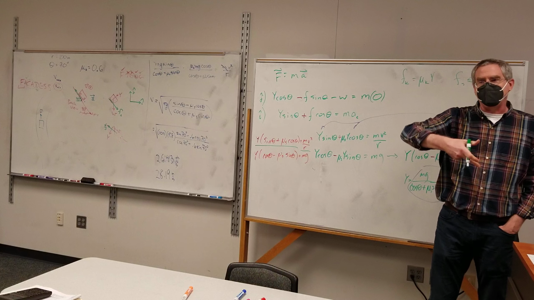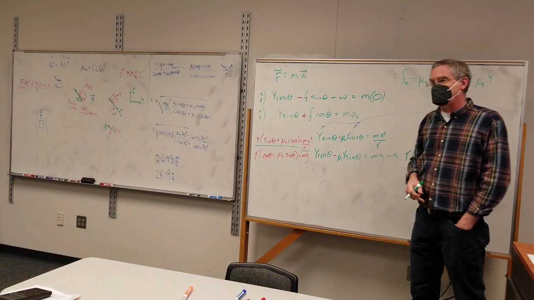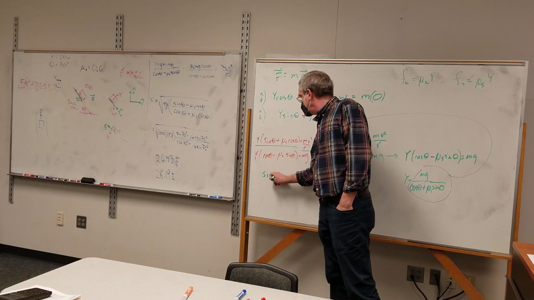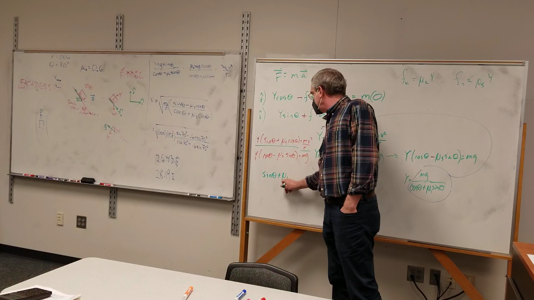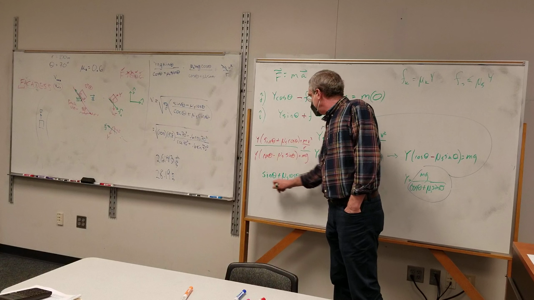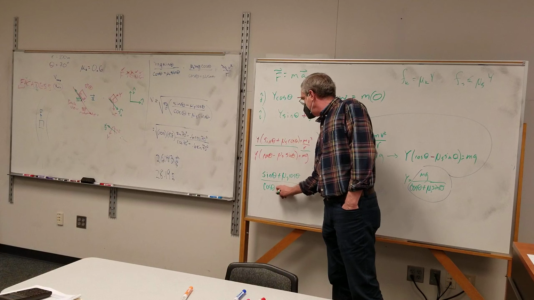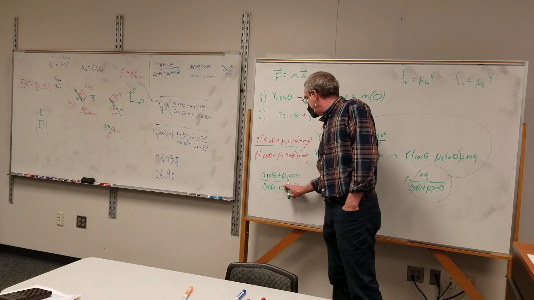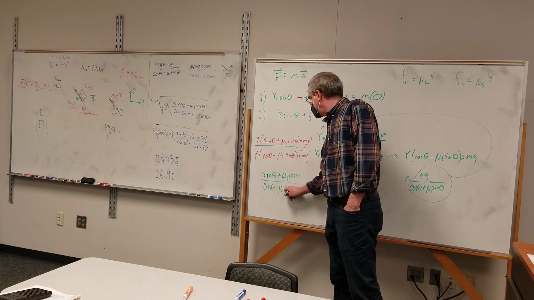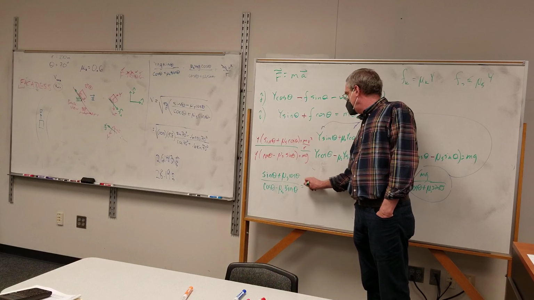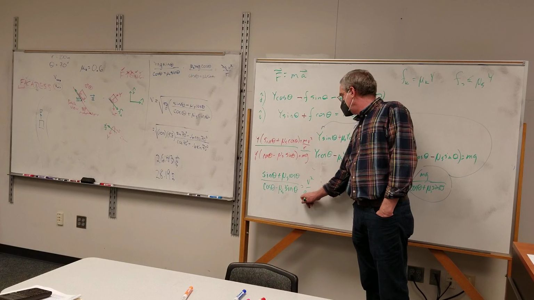The y's cancel out at this point, the mass cancels out, and I'm left with sine theta plus mu s cosine theta over cosine theta minus mu s sine theta is equal to v squared over gr.